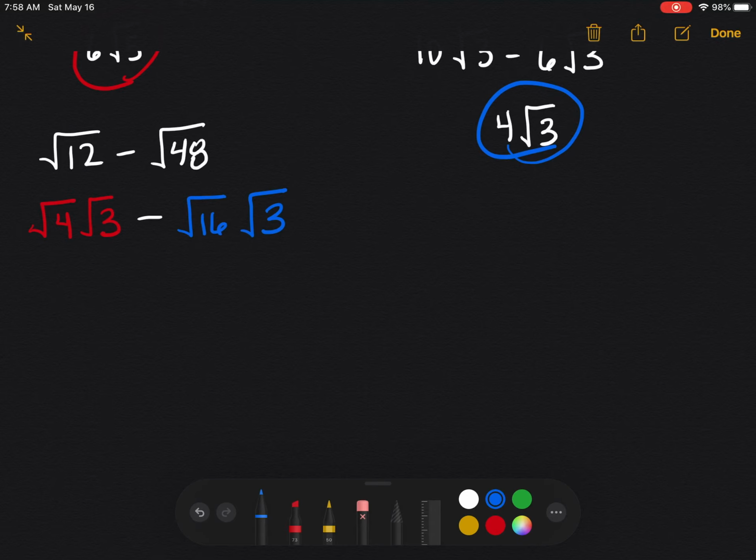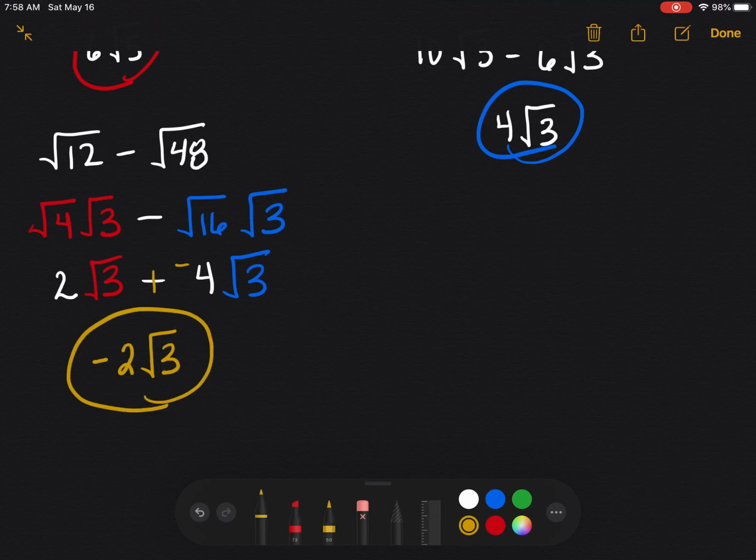Okay, so now I have to take it another step. The square root of 4 is 2. Keep the radical 3. The square root of 16 is 4. Keep this radical 3. Okay, now I've got 2 minus 4. I need to keep change, and my final answer is going to be negative 2 radical 3.